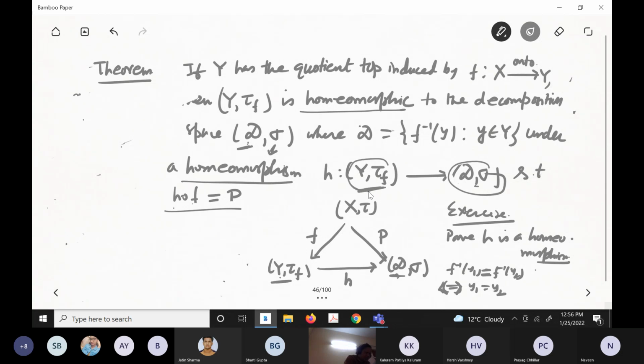That's why it is called the quotient space, because geometrically, visually, it's a quotient space. Here I explained all these things to give the justification why it's called a quotient space, and correspondingly it is called the quotient topology. Identification space, I already told you, is the same as decomposition space.